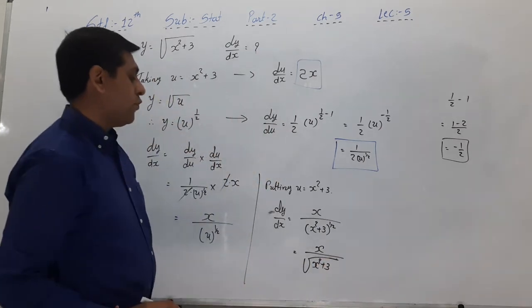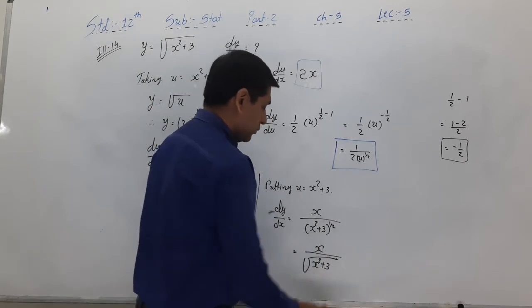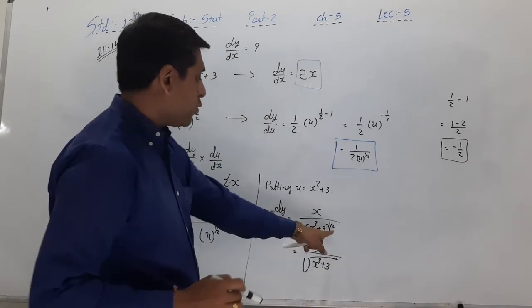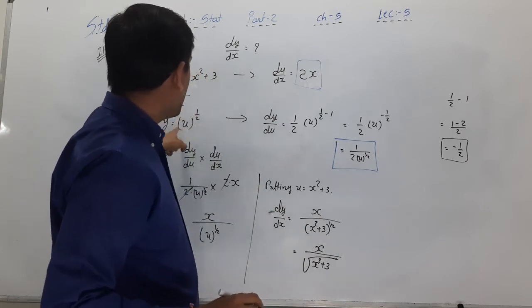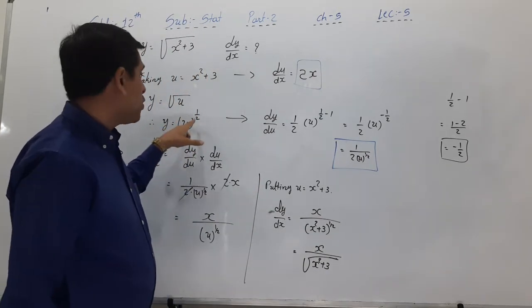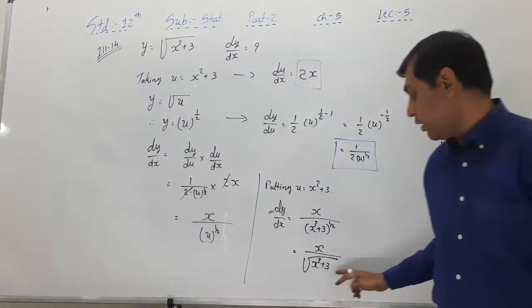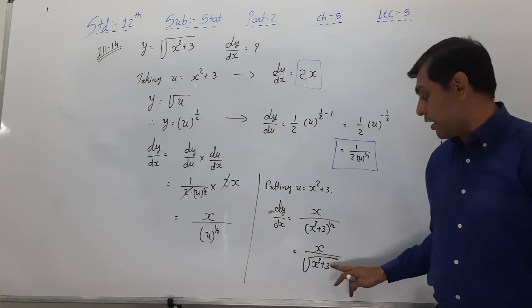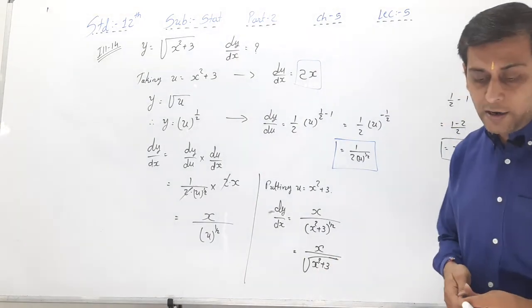This is your final answer. When a square root is there, we convert it into 1 by 2, and when 1 by 2 is there, we convert it back into the square root. So x divided by root of x square plus 3 is your final answer.